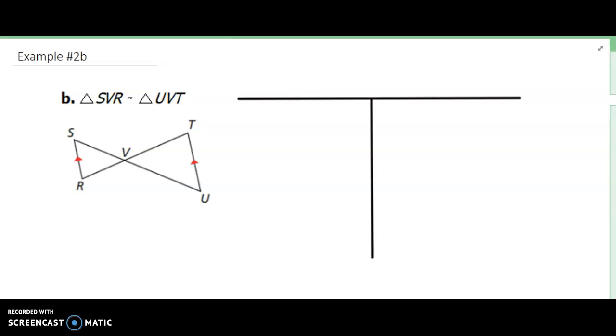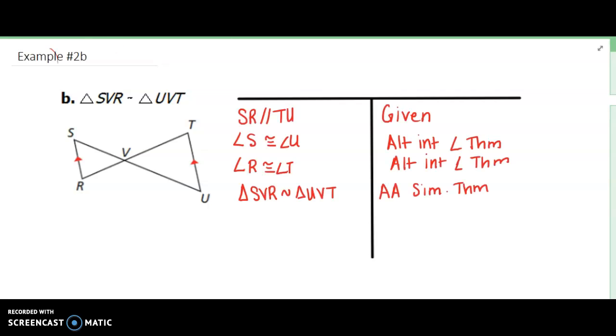All right, I want you to go ahead and try this proof on your own. Keep in mind that there are several different ways you can do this proof, but go ahead and do it on your own and then we'll go over it. All right, so this is what I got. What is given is that these two sides here are parallel.